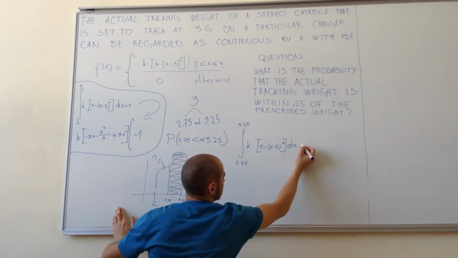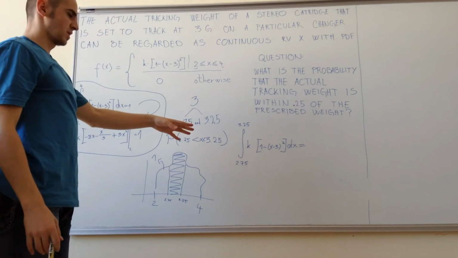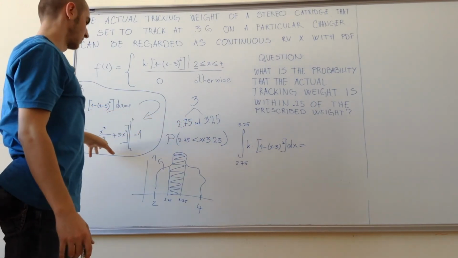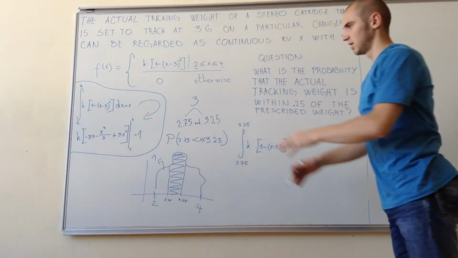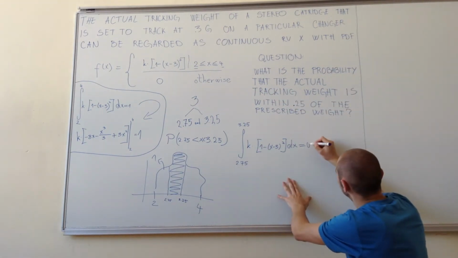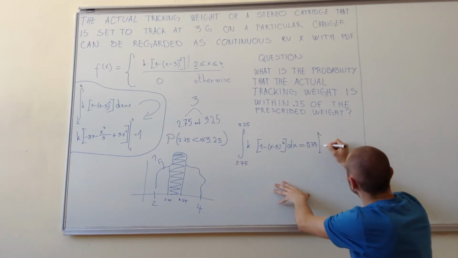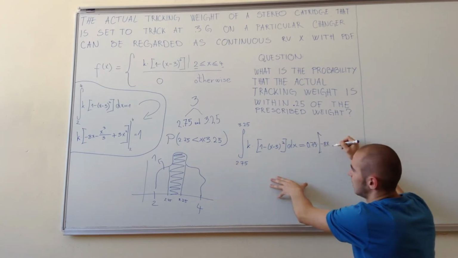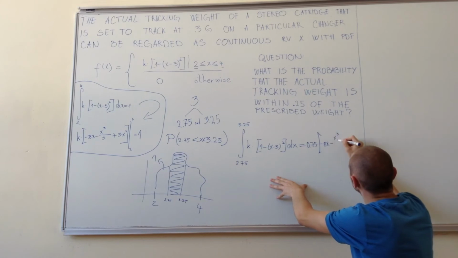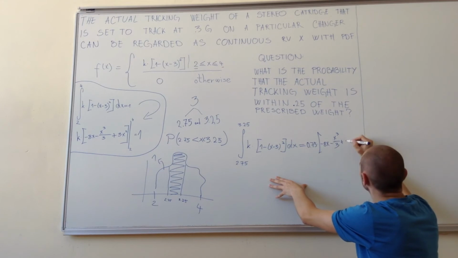And now we will solve it. As I said, we won't solve this integral again because we have solved it once, so we will just rewrite the solution. It will be k, which we know is 0.75, times minus 8x minus x cubed divided by 3 plus 3x squared.